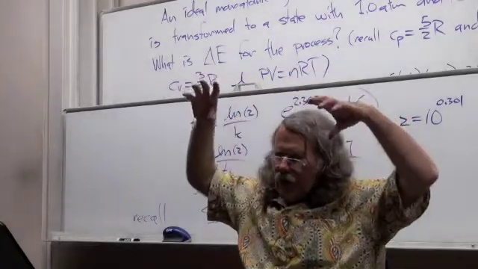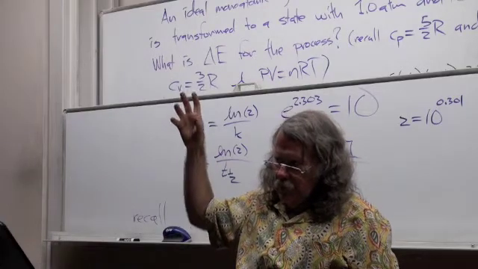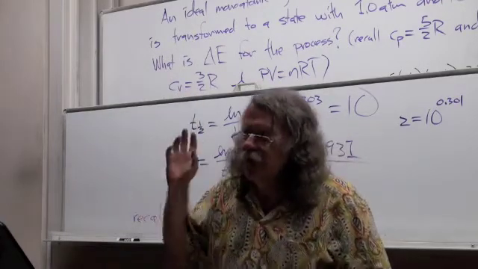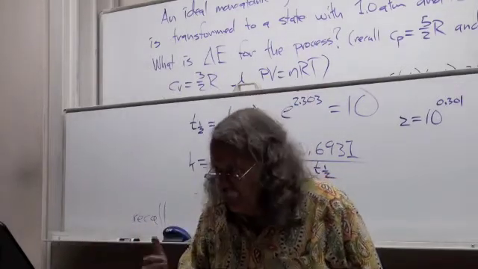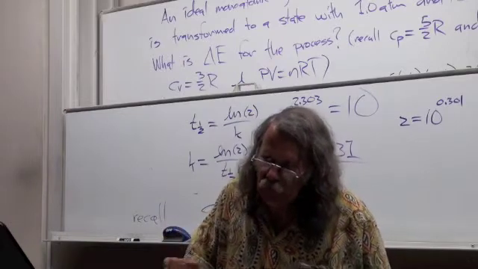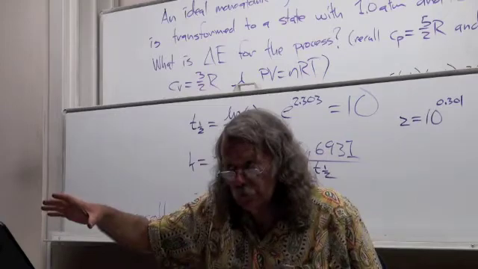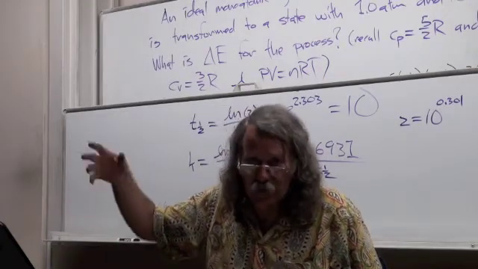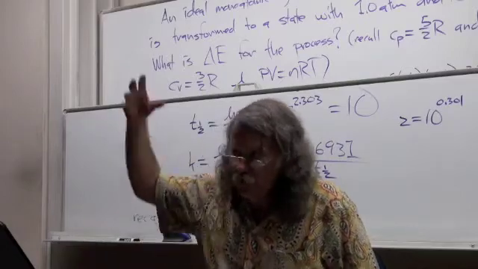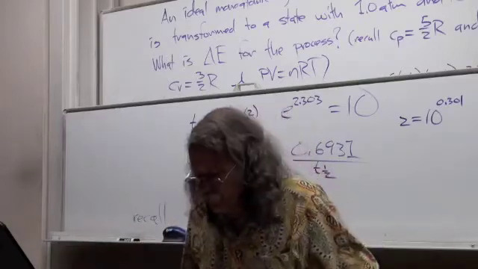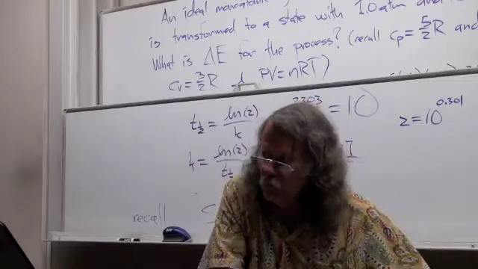If Q is less than K, then the ratio of Q over K is less than 1. And the natural log of anything less than 1 is negative. And delta G is equal to RT times the natural log of Q over K. And so it has to be negative. Which means the delta G is less than 0.